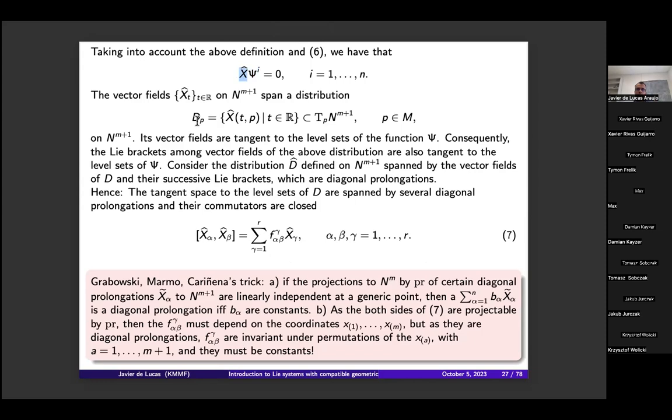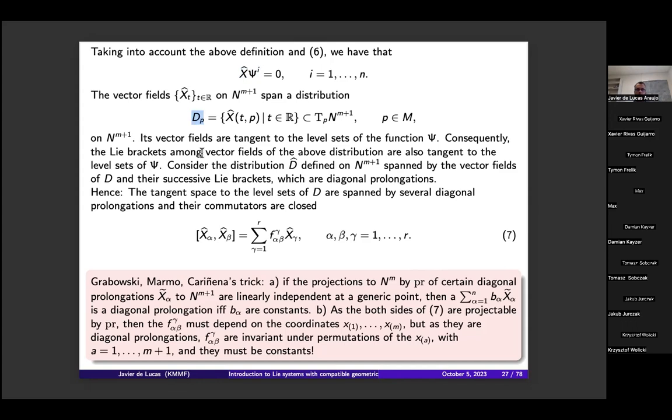These vector fields span a distribution. Since these vector fields span this distribution, and this psi I is a constant of motion for every x hat t, it turns out that the psi will be constants of motion for all vector fields taking values in this distribution.